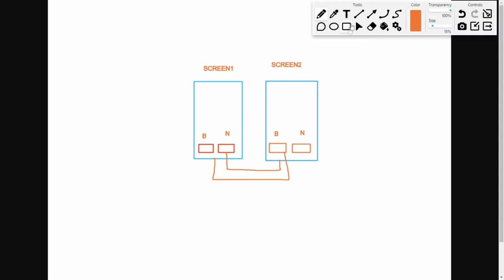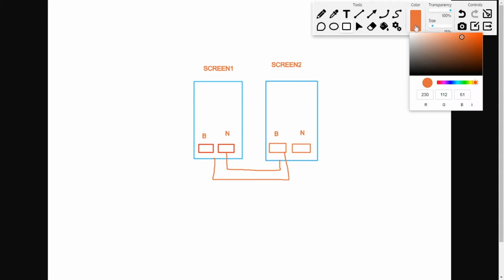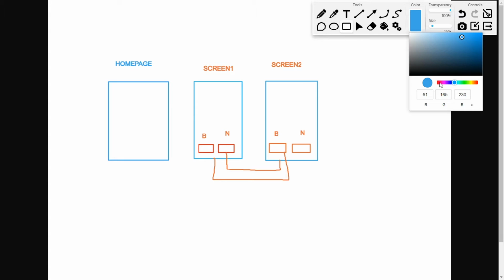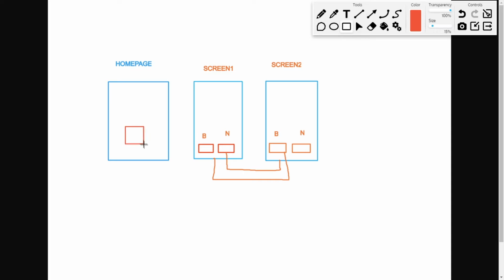So now we are going to add a new screen, and it's going to be called homepage. The homepage screen is going to have a scroll down tab over here.